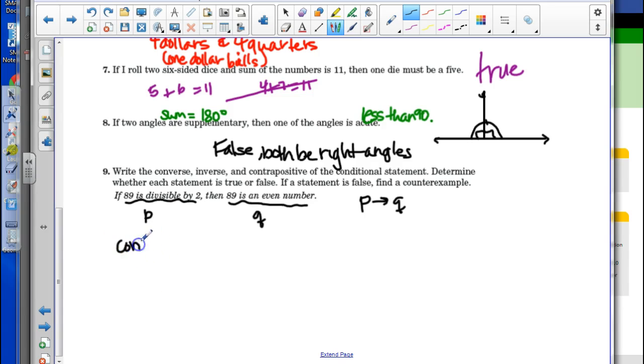The converse says switch those two. Switch the hypothesis with the conclusion. So the converse says if Q, then P. So the converse would look like this. If 89 is an even number, then 89 is divisible by 2.